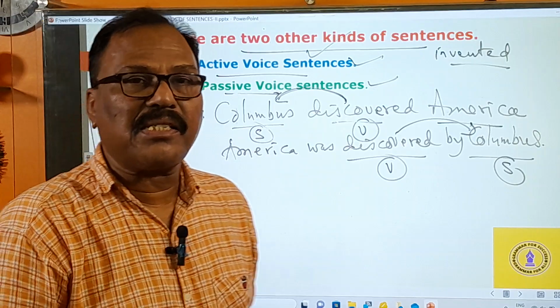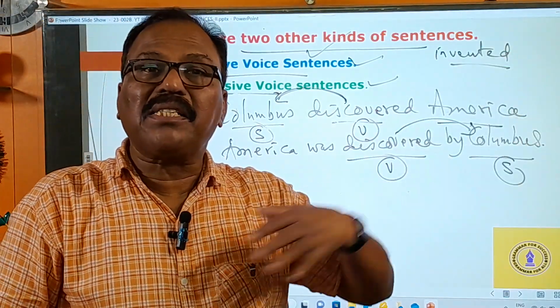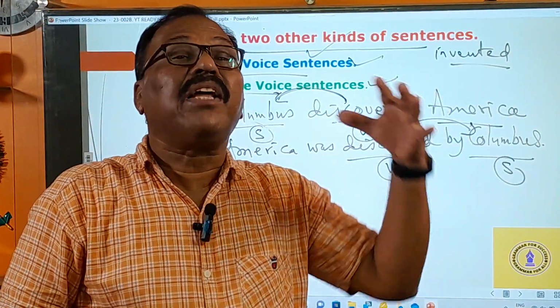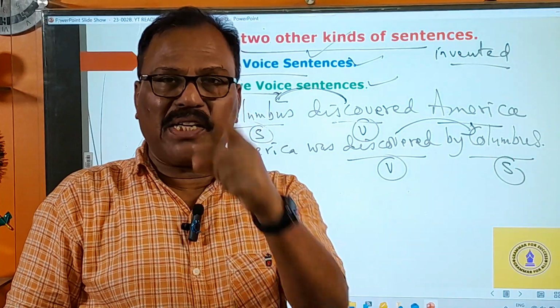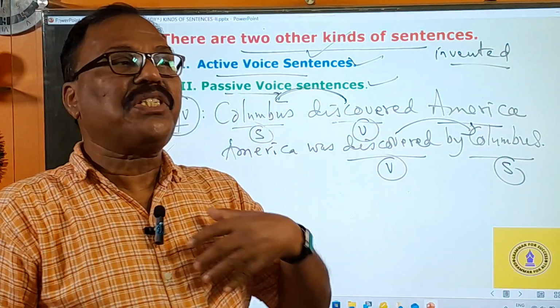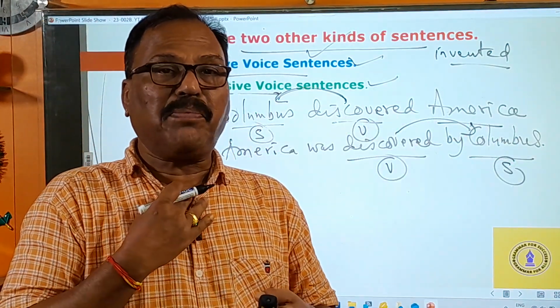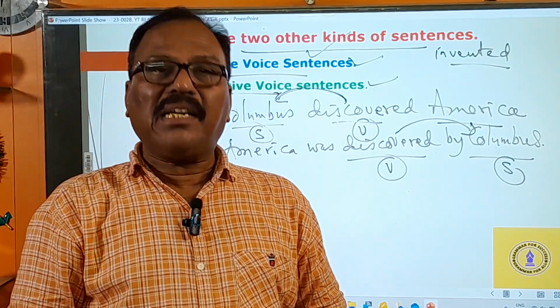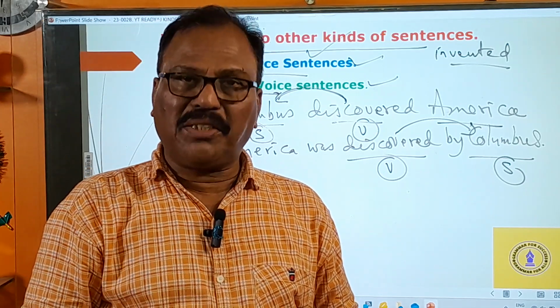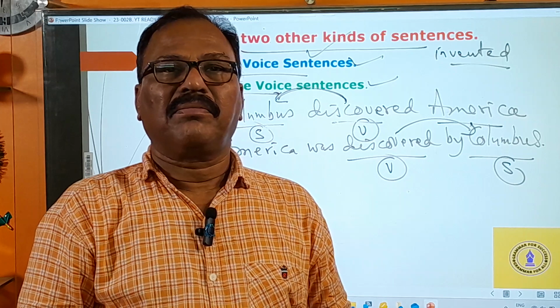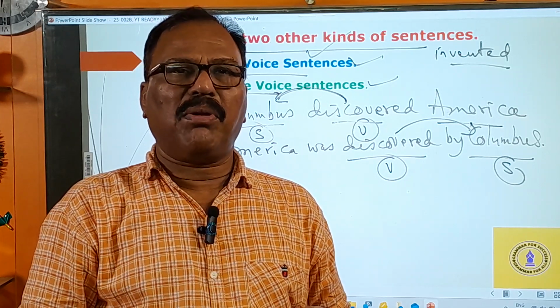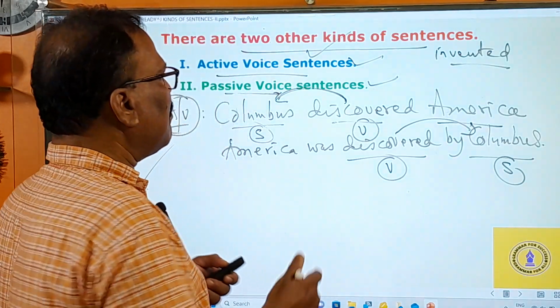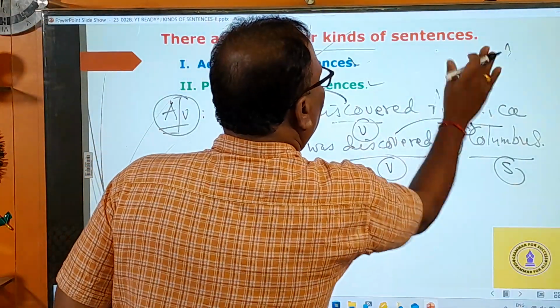In whichever sentence the subject is placed after the verb, that sentence is said to be in the passive voice. In whichever sentence the subject is placed before the verb, that sentence is said to be in the active voice. Following me? Any problem?